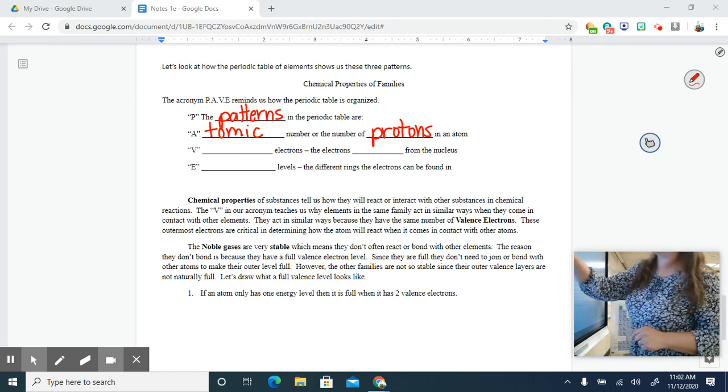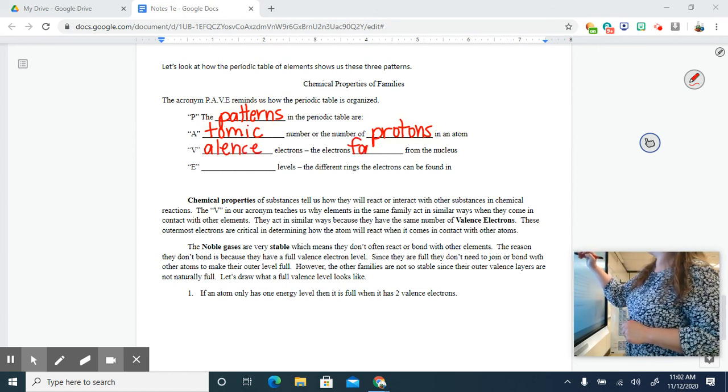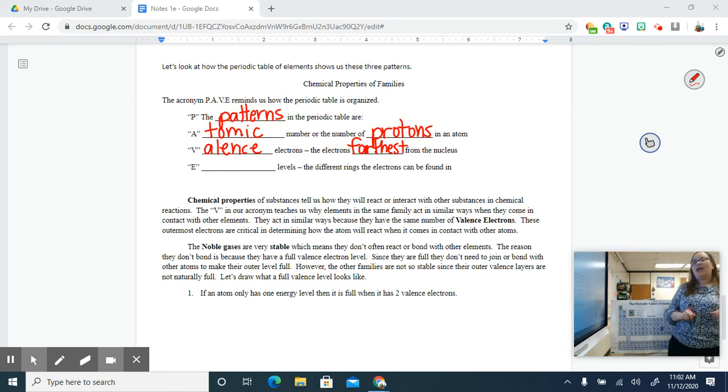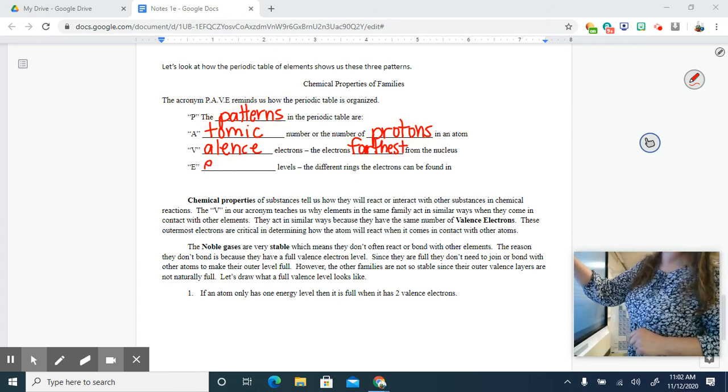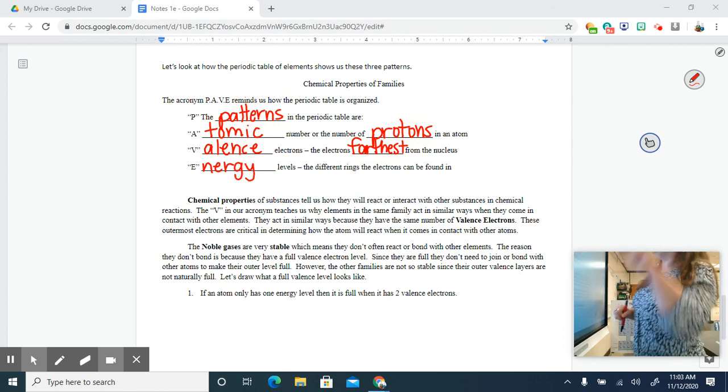Valence electrons, which are those outermost electrons, the ones that are farthest from the nucleus, the ones that are involved in the chemical reactions. And the E stands for energy levels. So those energy levels are the different rings that the electrons travel around in.